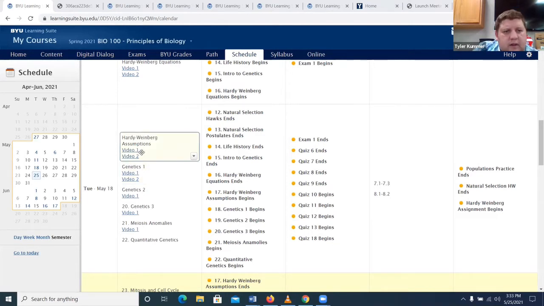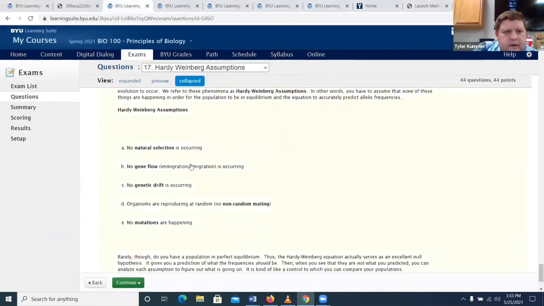So let's start with Hardy-Weinberg assumptions. The lesson was designed to show you a simulation that we would have done in class and take you through that so we could look at what are all the ways. If you recall from our last lesson, we came up with those equations for Hardy-Weinberg, and the whole point of those equations is so that we can quantitatively see if we have had a change in allele frequency.